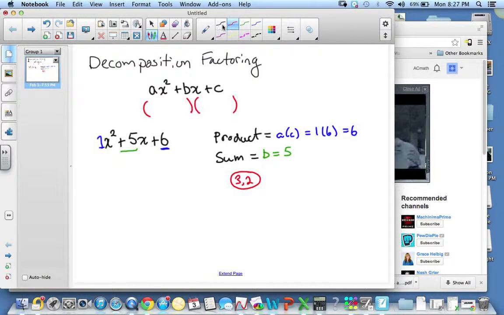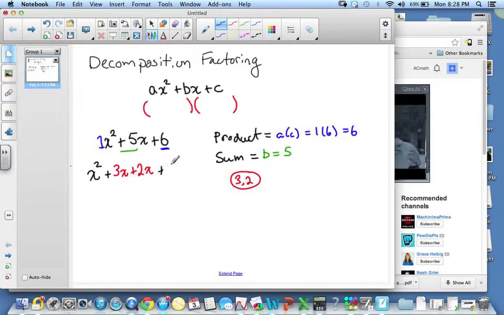Bingo. So what I can do is now rewrite this line as x squared, I'm going to leave it alone, and I'm not going to write the 1 out in front here, plus, now I'm working with 3 and 2. The reason we call it decomposition is because we're taking the middle term and we're going to decompose it, or split it up, into 3x plus 2x.